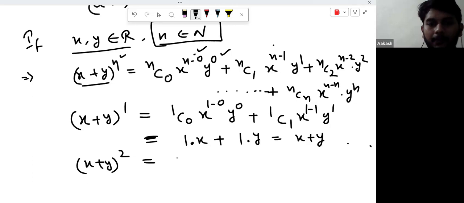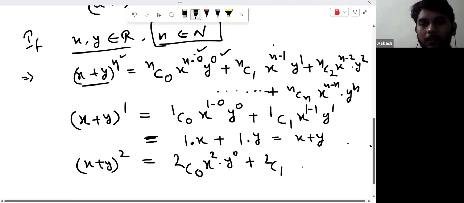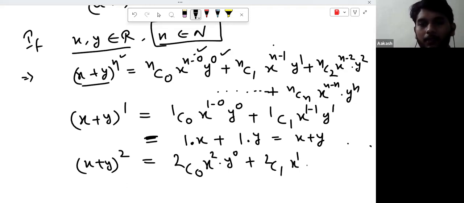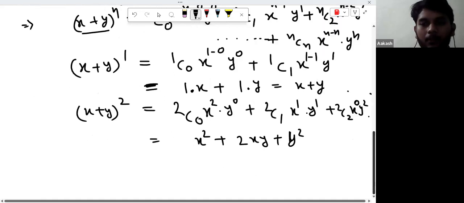Okay, so this we can write 2c0 x to the power 2 and y to the power 0 plus 2c1 x to the power 1 y to the power 1 plus 2c2 x to the power 0 y to the power 2, and 2c0 is 1 plus this is 2 plus y square. Okay.